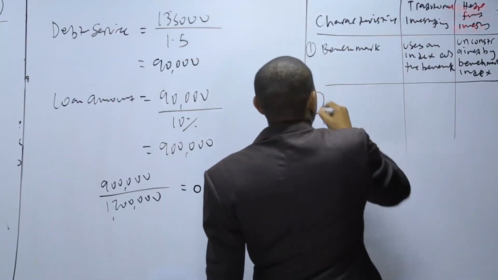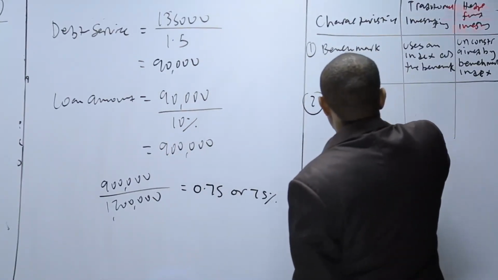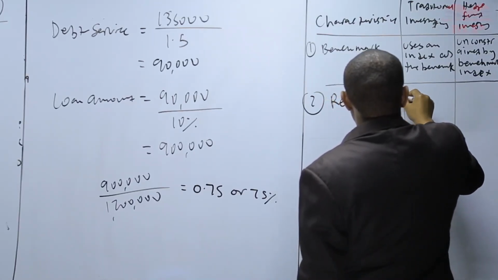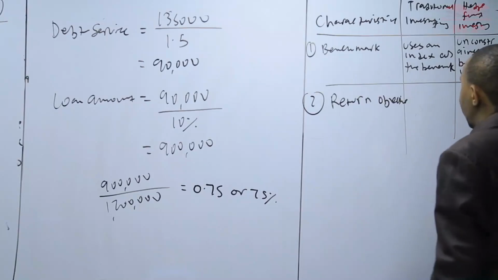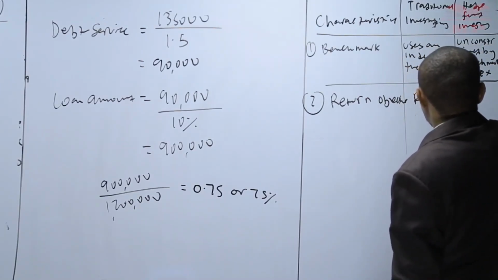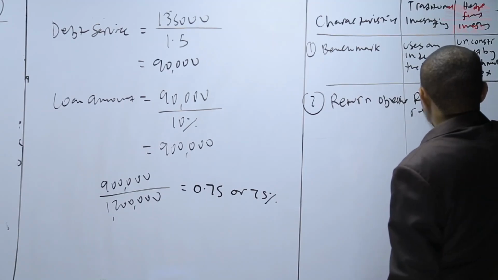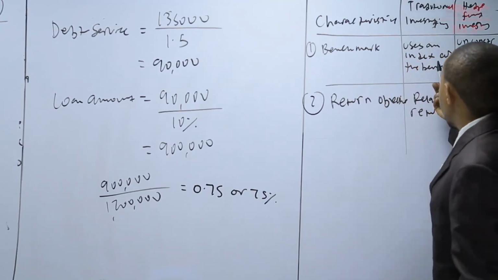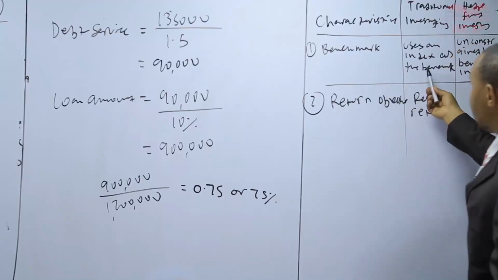Number 2, the second characteristic, is return objective. The return objective for traditional investing is relative returns as compared to the benchmark.